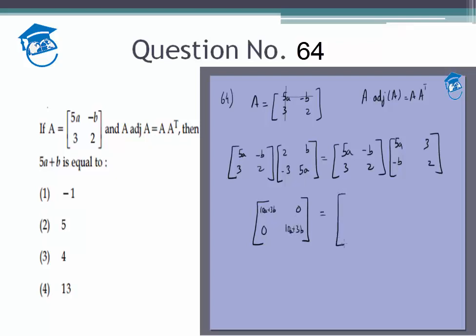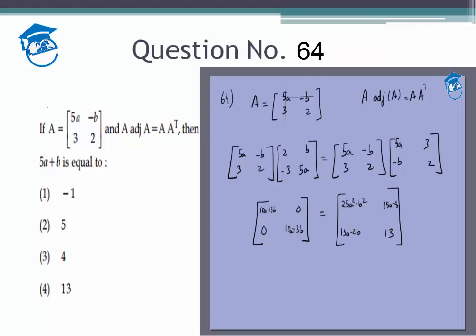This should be equal to, these two terms give me 25a squared plus b squared. 5a plus b times 3 and 2 gives me 15a minus 2b. 3 2 times 5a minus b gives me again 15a minus 2b. And this just gives me 9 plus 4, which is 13.